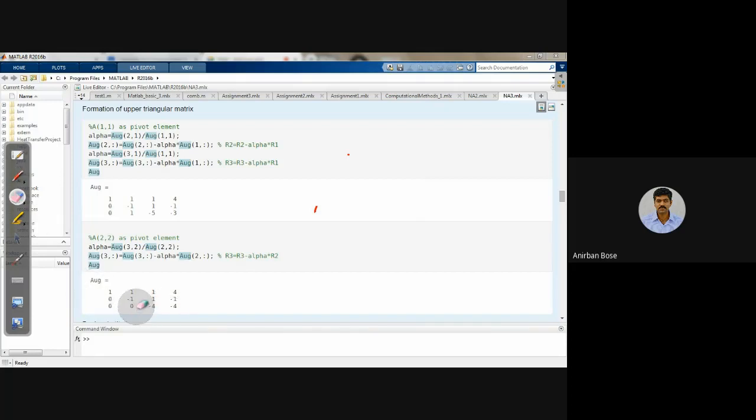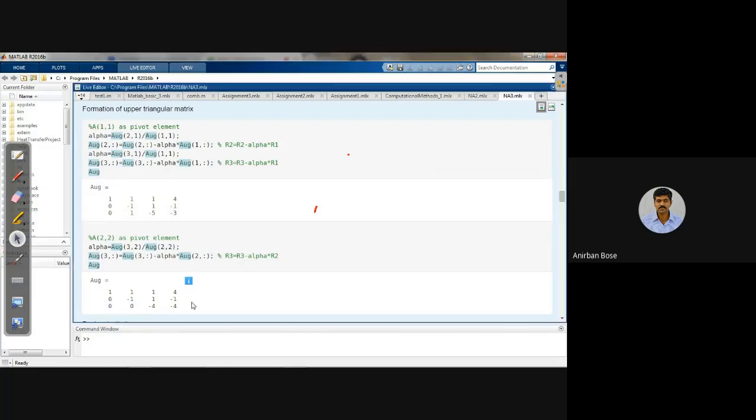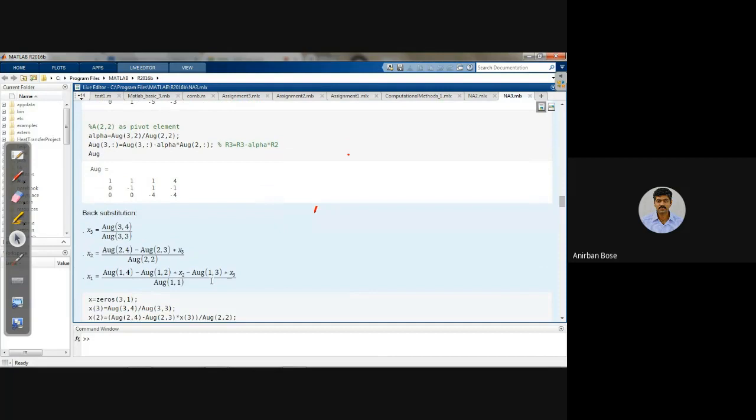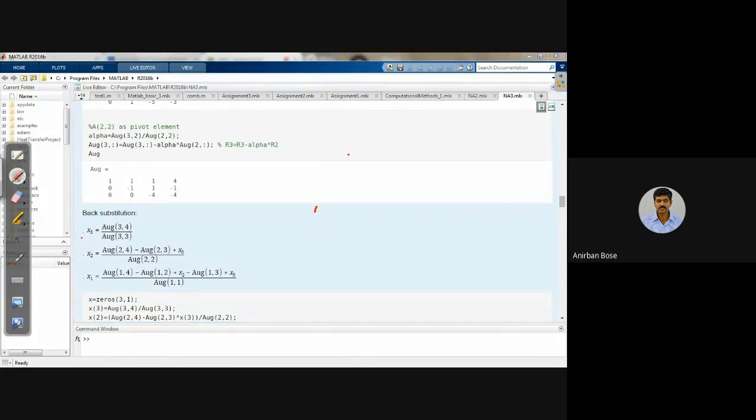So this is basically the Gauss elimination. We have eliminated the lower values below the diagonals into 0, and then for the solution finally we have to do the back substitution. If you do the back substitution, what will be x3?